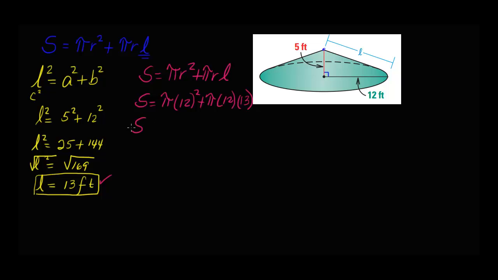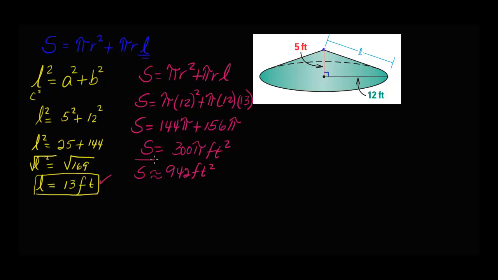Okay, so S will equal 144 pi, because 12 squared is 144, plus 12 times 13, which is 156 pi, and that makes a total of 300 pi square feet. And with your calculator, you can say that the surface area for this cone is about 942 square feet.